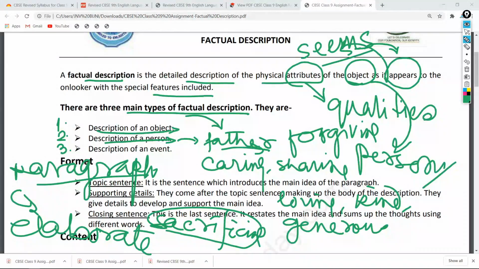Therefore, suppose you are going to write the description of an event, particularly the annual day, then you write all the important points into the paragraph, and your word limit will be 100 to 120. That will be the word limit. So it is better that you stick to the word limit.